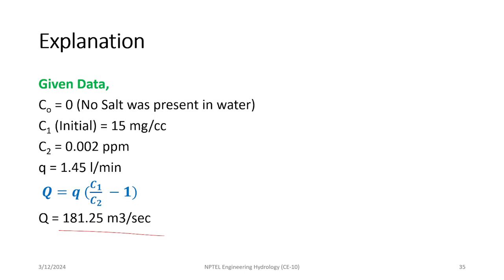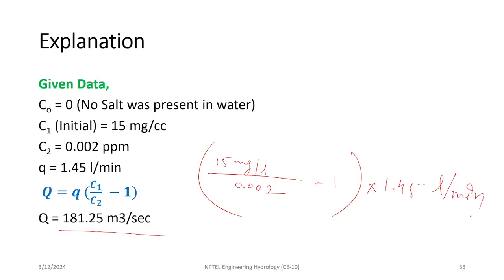Try to see how we are getting this. C1 was how much? It was 15 milligram per cc, that means 50 milligram per liter I can write. Now 0.002, how much is it coming? I'm solving now.